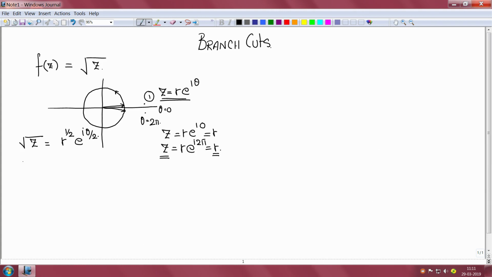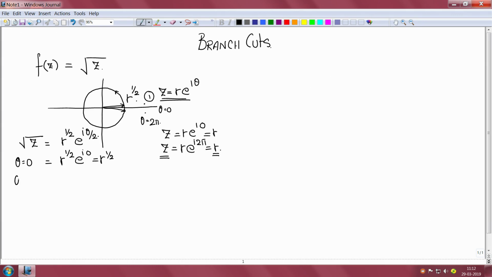So at theta equal to 0, we will get r to the power half e to the power i0, which is equal to r to the power half. So here we get r to the power half for the function.